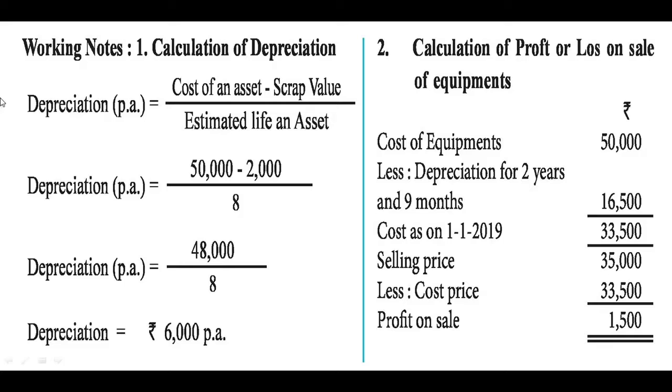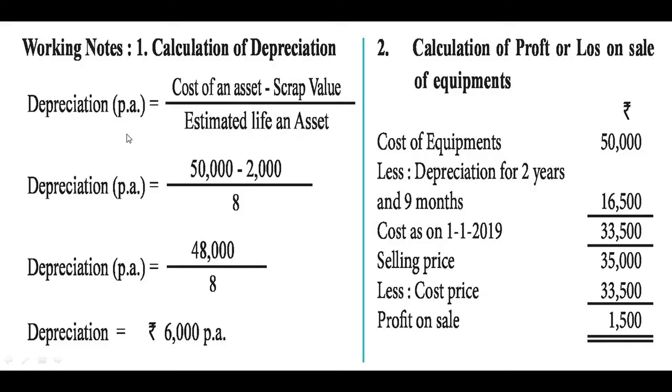Here under working note 1, calculation of depreciation is given. So you have to remember, whenever the rate of depreciation is not given but then other information is given, at that time you have to follow this formula to calculate depreciation per annum, that is for 1 year. Formula is cost of an asset minus scrap value divided by estimated life of that asset.